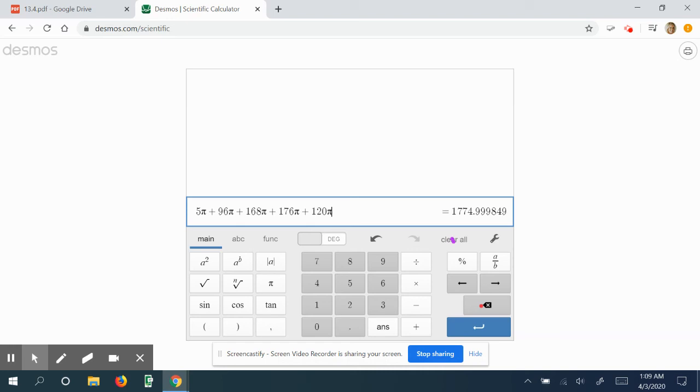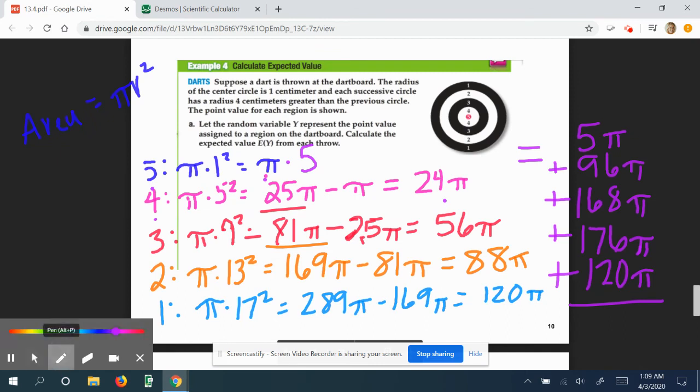Well, rounds up to 1,775. So our expected point value is 1,775. Okay. So that's the total right there.